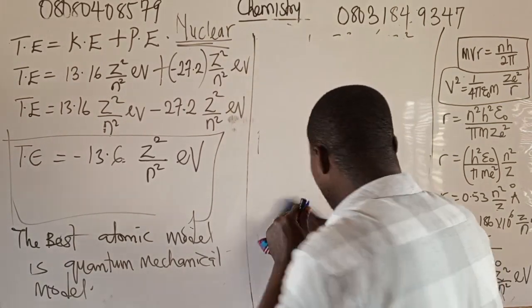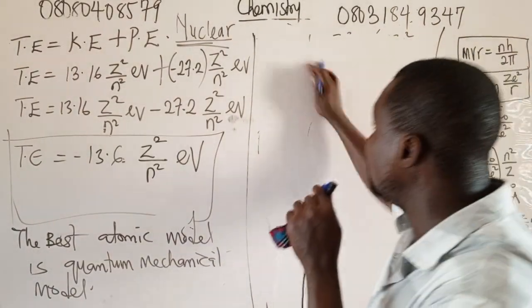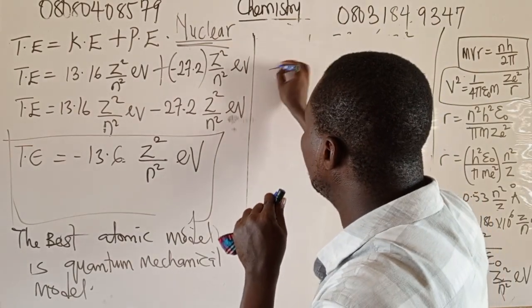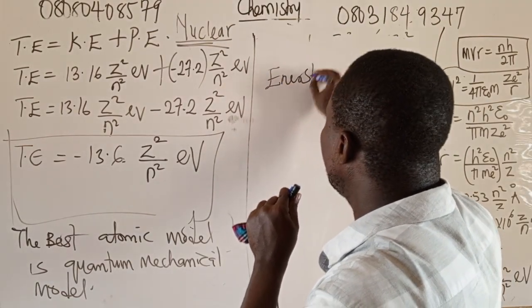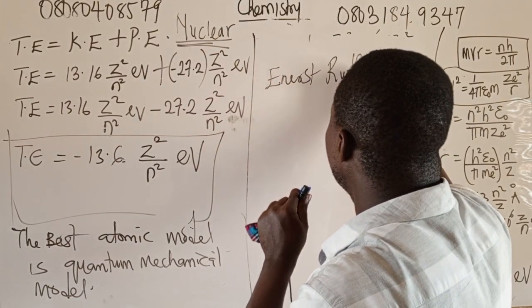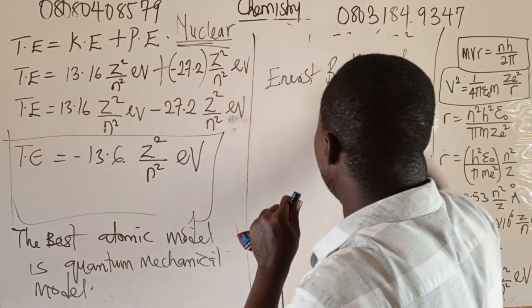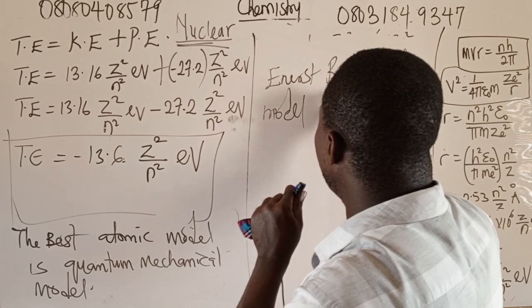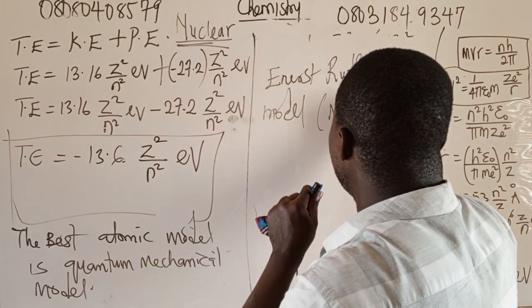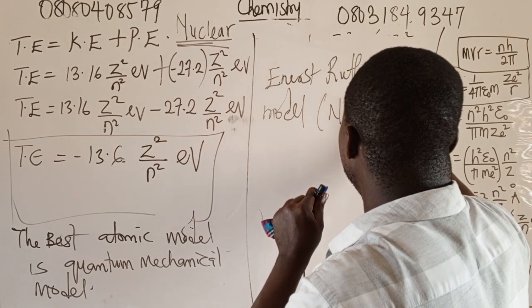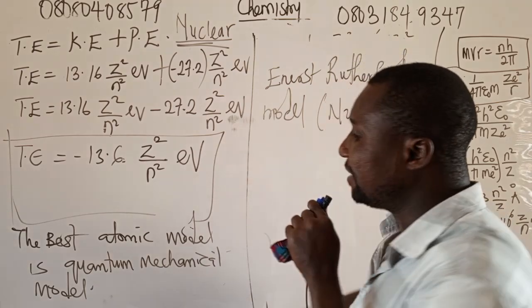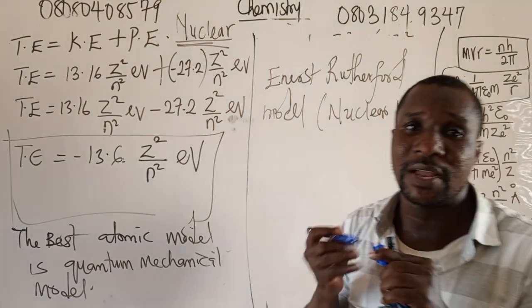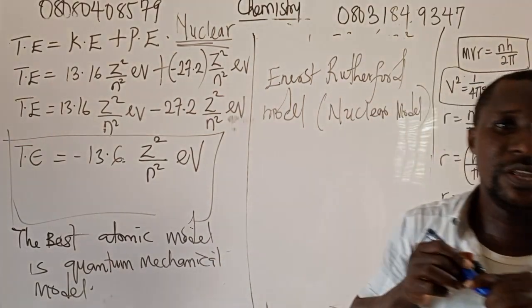Take note of that, for JAMB students and for JUPEB students. The Ernest Rutherford model can also be called the nuclear model. But the best atomic model is the quantum mechanical model by Schrodinger.